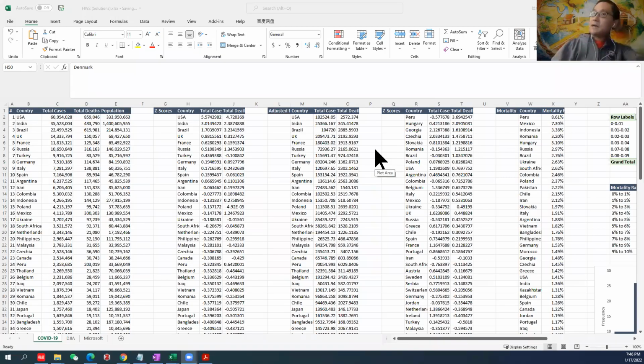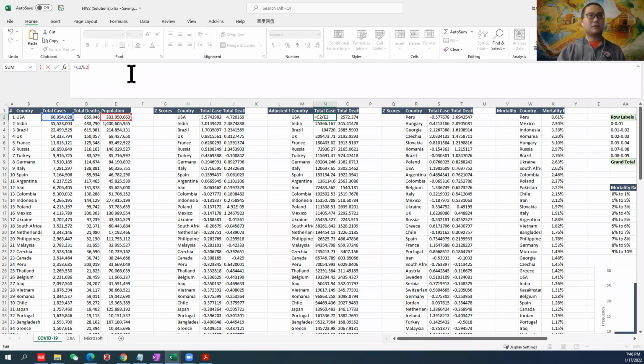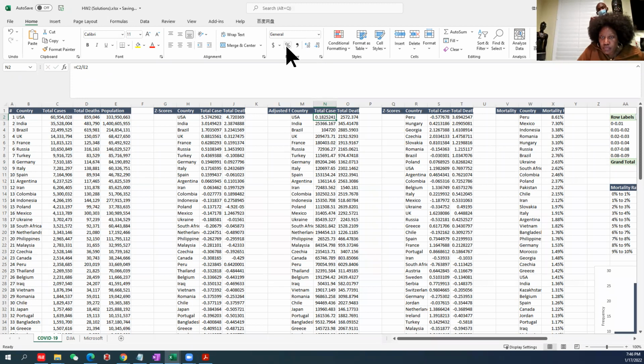So let's go back to these adjusted scores again. If we simply divide the total case of USA by the size of population of USA, we get this number, which is 0.18. That's actually a percentage or a fraction. If we touch this button to transfer it into a percent style, we know that it tells us that 18% of people in the USA were diagnosed with COVID.